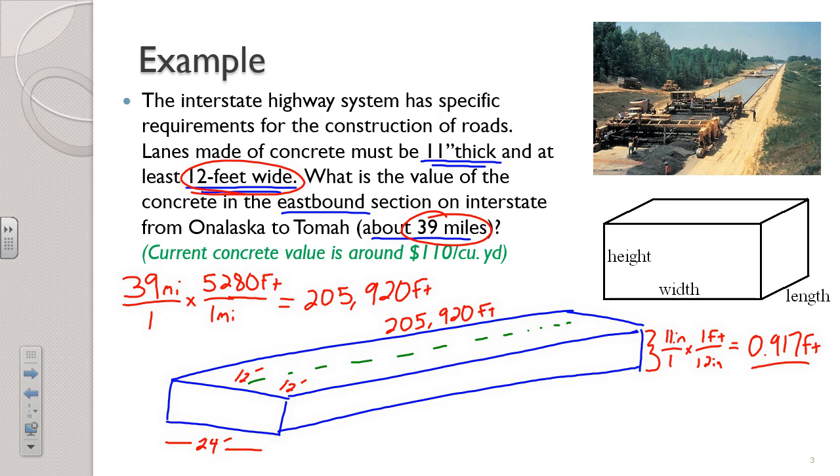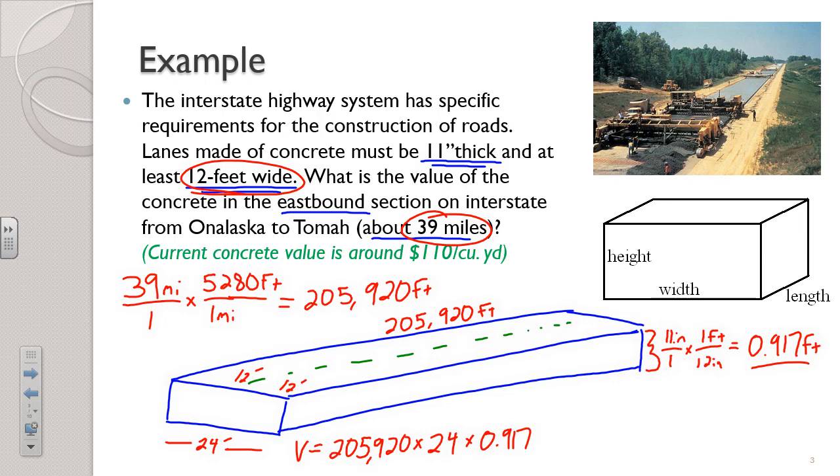So then we can find the volume of that huge slab of concrete. The volume will be its length, which we just saw was 205,920, times its width, which is 24 feet, times the thickness, which is 0.917 feet.